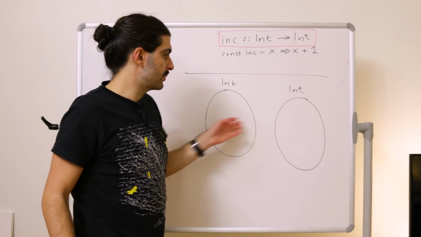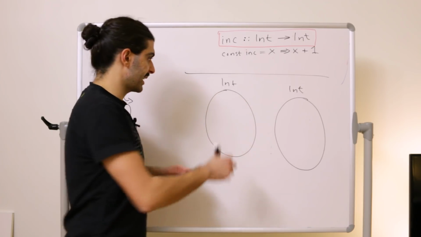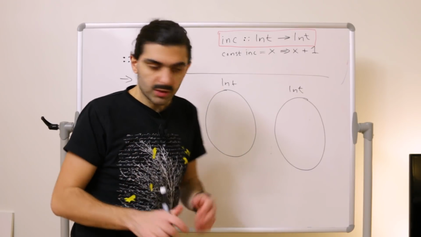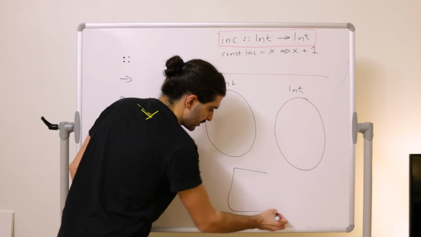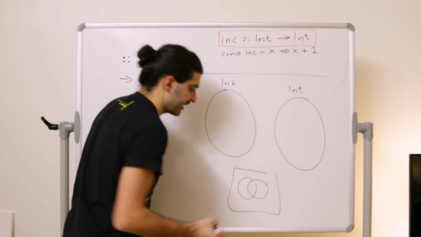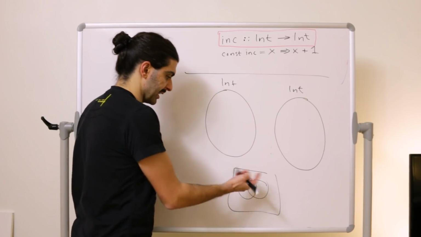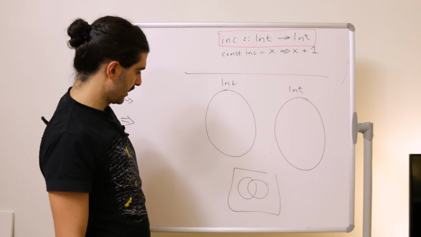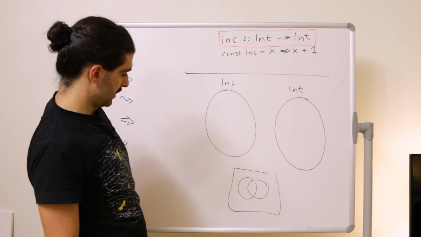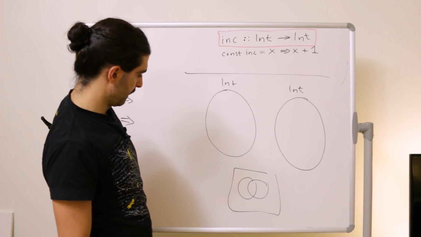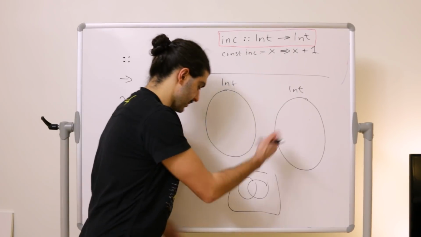I just have two representations of exactly the same thing. The thing about sets, right? When we talk about sets, we're talking about things that are used, for example, in Venn diagrams.